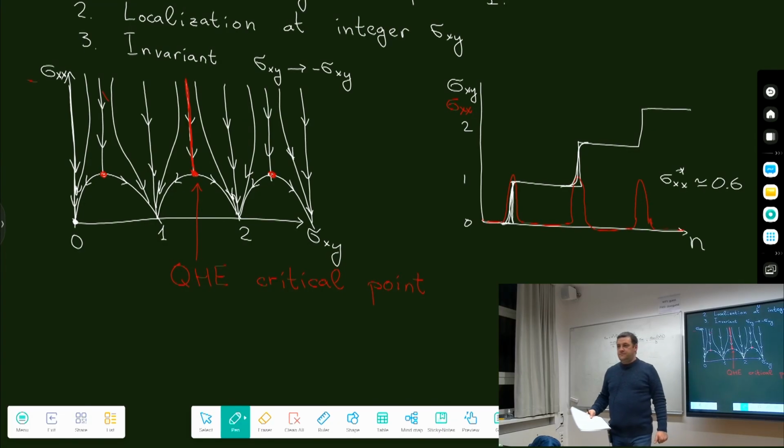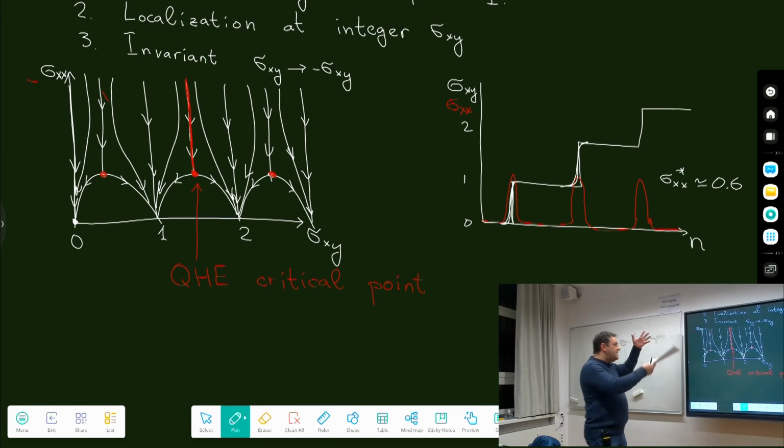Does having a flow mean that we have something quantized? It doesn't mean that. It means you have to sit down, solve the problem, and see what it leads to.